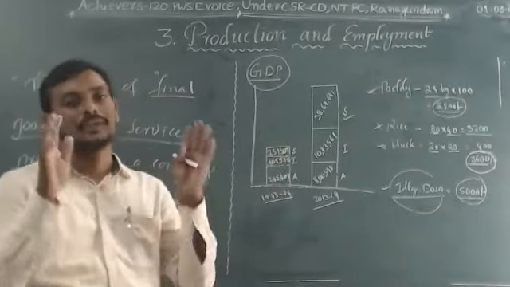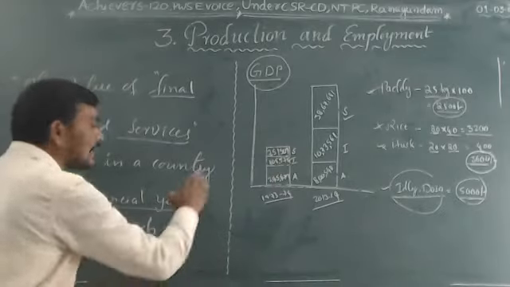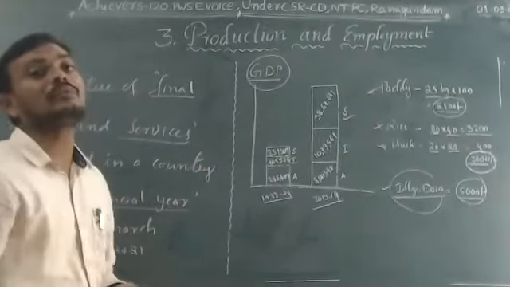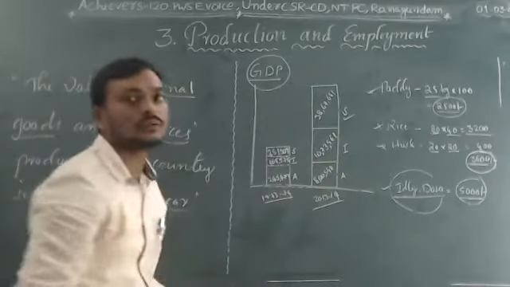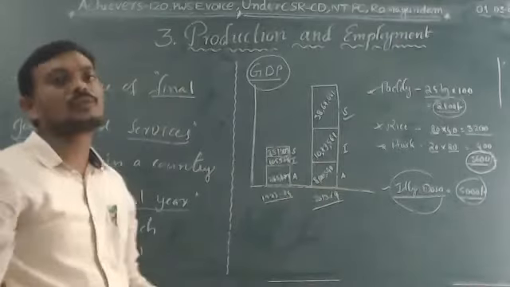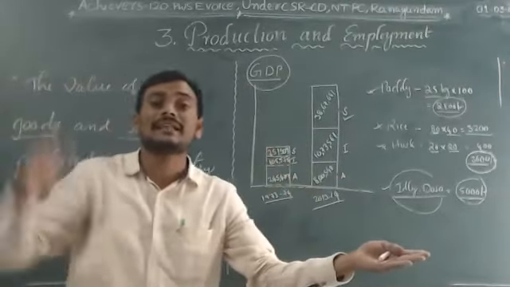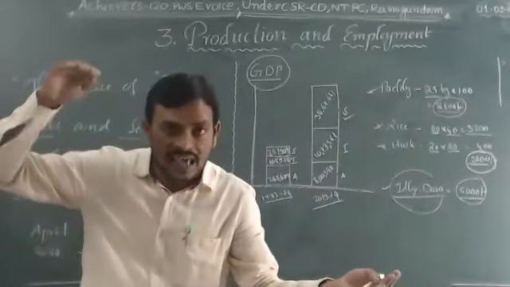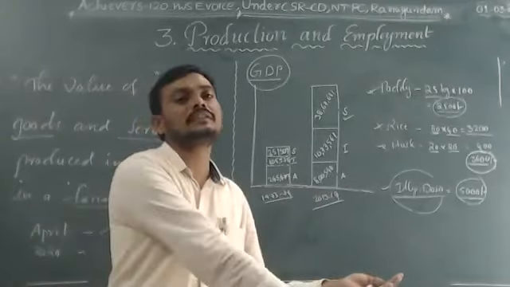Then the student has to read it. Here, just now we have seen a table. Notice the table is about employment. This bar diagram is about GDP. So what is the difference between employment and GDP? Employment means how many people have been working in agriculture, industries, and the service sector. Clear?